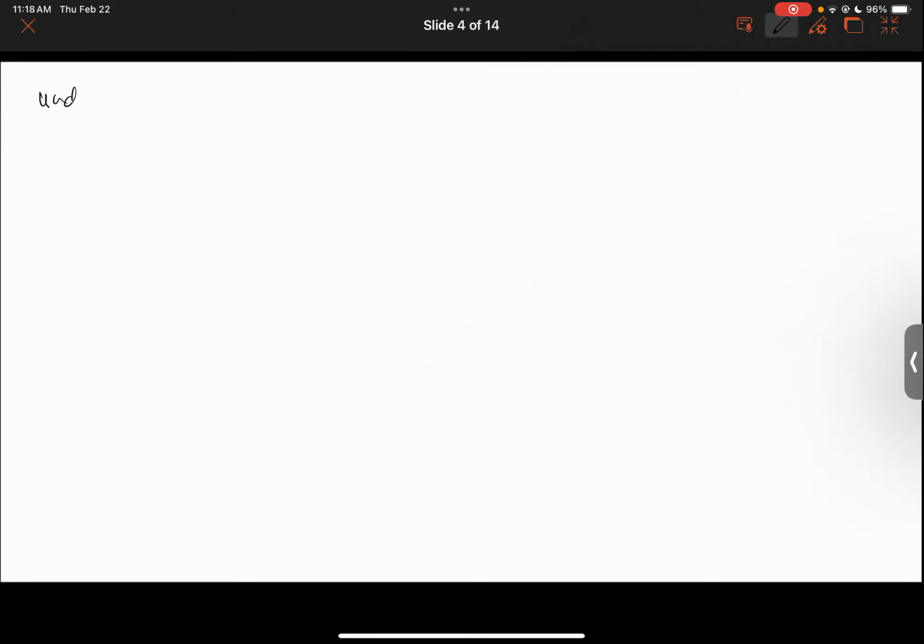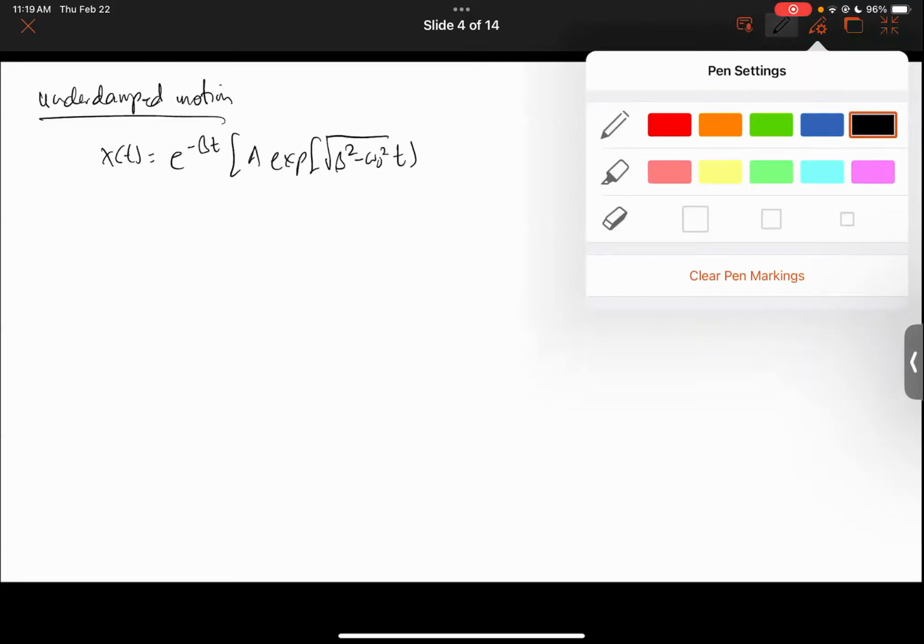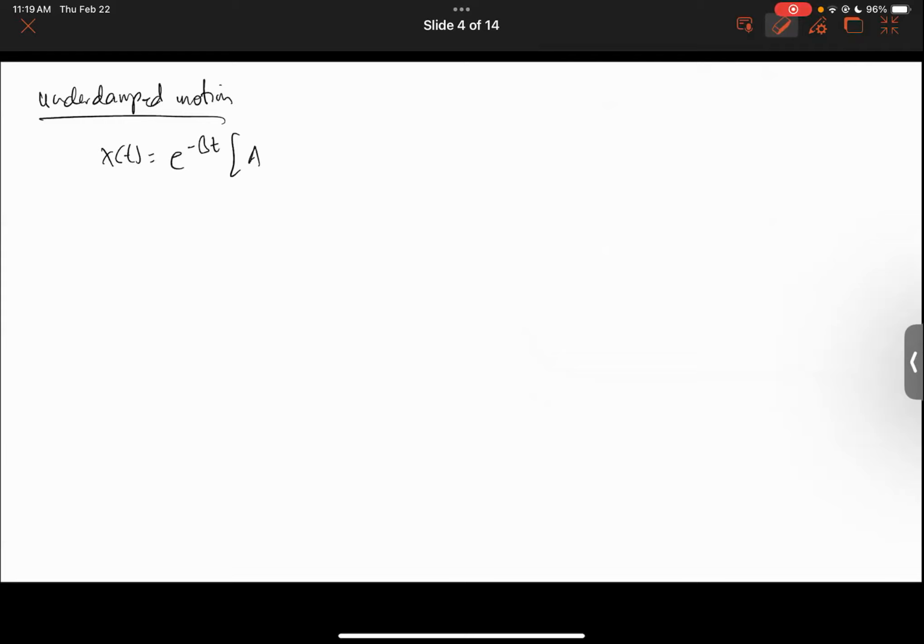So pag underdamped, we start from this equation: x of t is equal to exponential minus beta t times A1 exponential square root of beta squared minus omega naught squared t, plus A2 exponential minus square root of beta squared minus omega naught squared t.